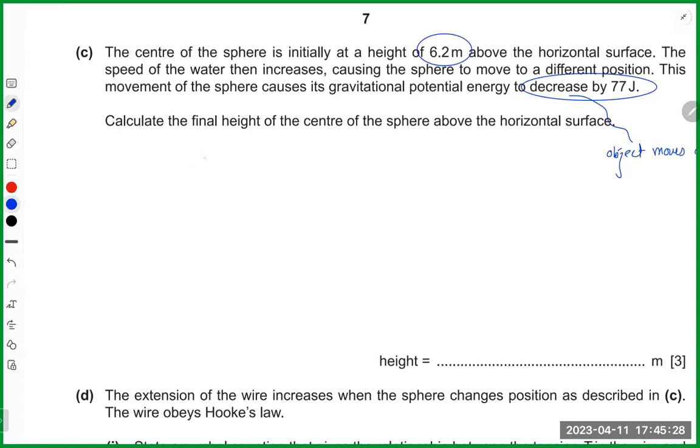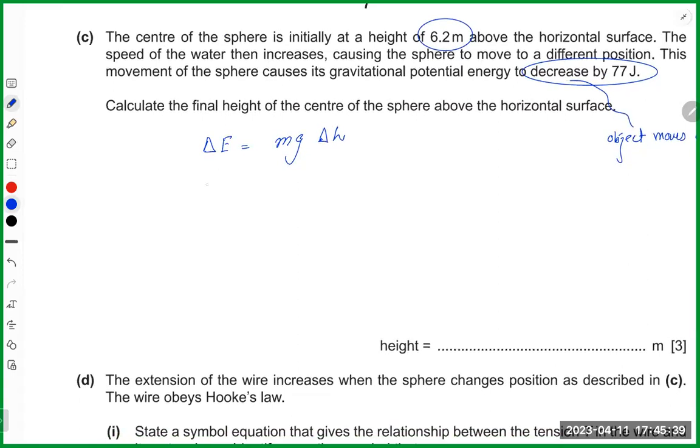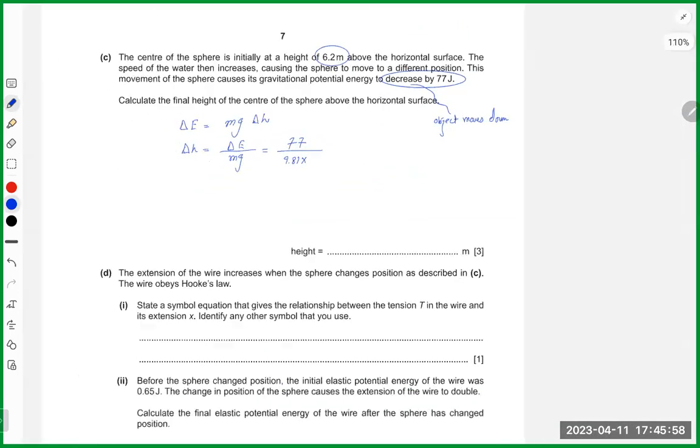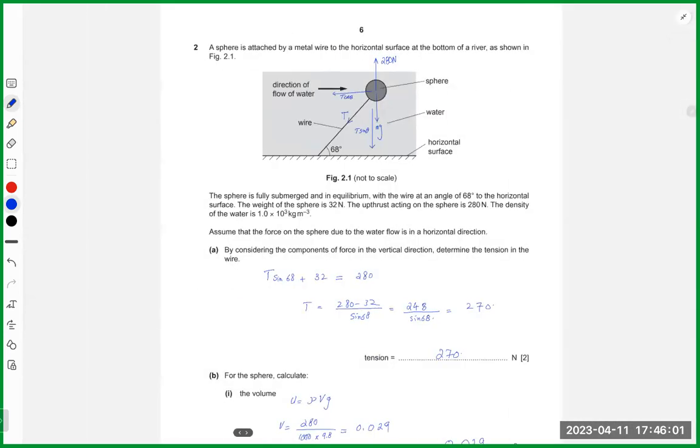Now, change of potential energy equals mg delta H. Delta H equals delta energy divided by mg. So it is 77 joules divided by 9.81 times the mass. What is mass?